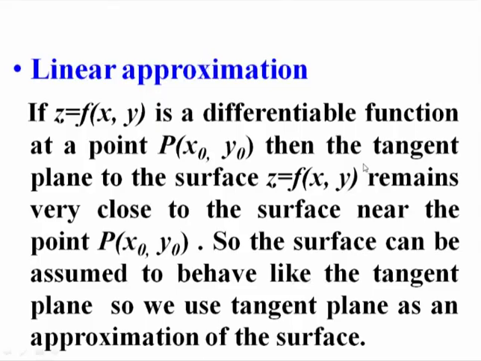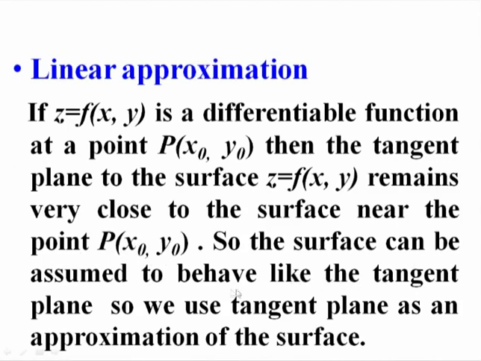Now we come to the next topic, linear approximation. If z is equal to f of (x, y) is a differentiable function at the point P (x0, y0), then the tangent plane to the surface z is equal to f of (x, y) remains very close to the surface near the point (x0, y0).